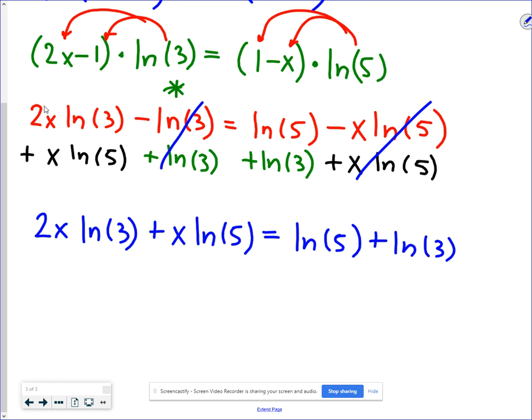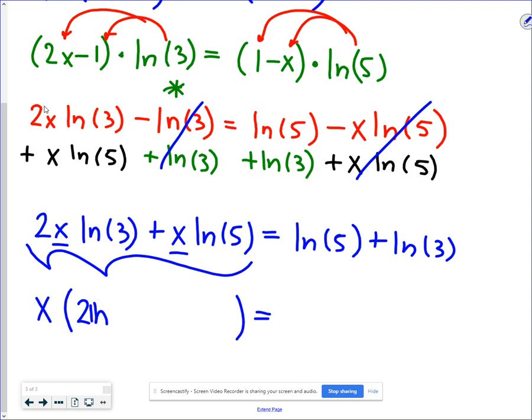Trying to solve for x. So we gotta get x by itself. So we're gonna have to use an old trick that we learned a long time ago called factoring out the GCF. Since both of these have x, we can factor out an x. It's like doing the distributive property but backwards. So if we pull out an x from these two terms, we end up with 2 natural log of 3.